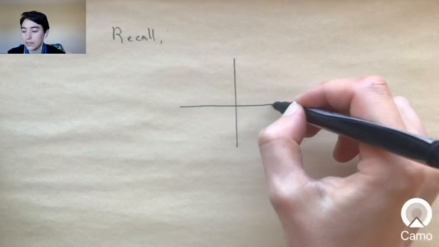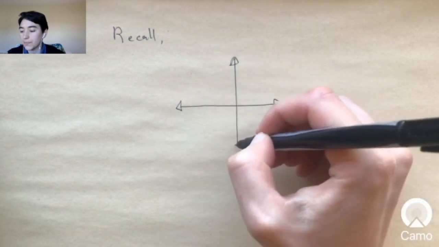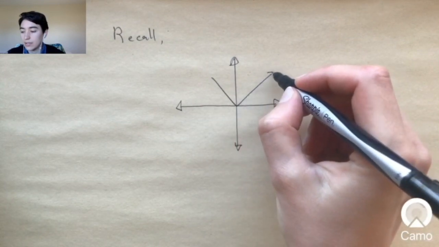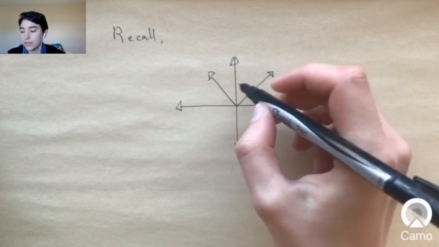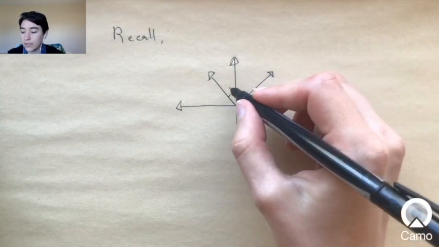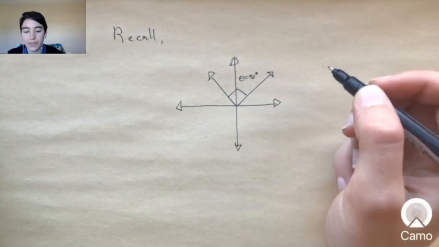And let me go into that on another piece of paper. Let's take a moment to recall the discussions we had previously about vectors and angles. Some dimension system like this, and you have some vectors in there that have some 90-degree angle, where this angle here, theta, is equal to 90.